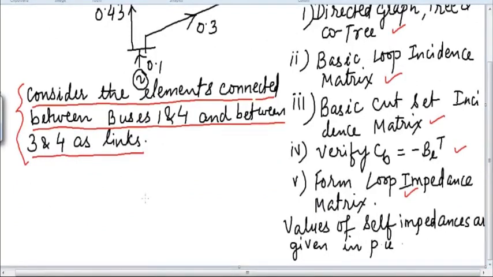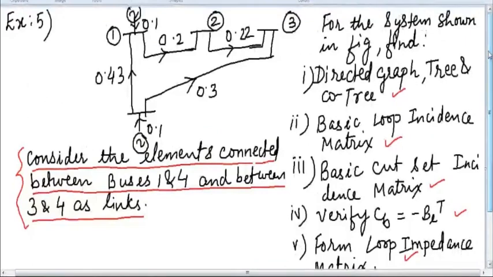So for drawing the graph of this particular problem, what you have to do here is, you know that the reference point is to be connected with the buses where the generator is connected. So can anyone tell me where the generators are connected? So here we have 4 buses. Can anyone reply in which buses the generators are present?